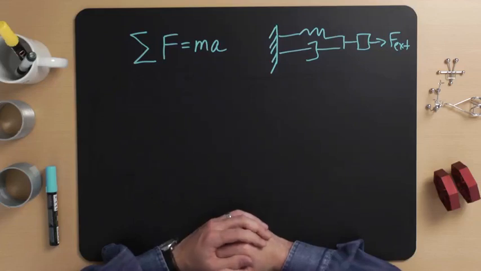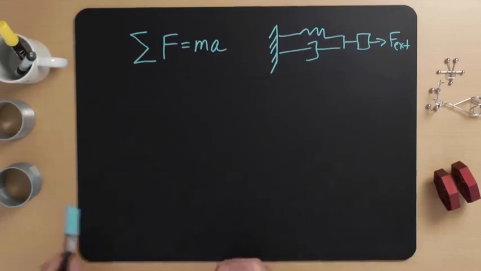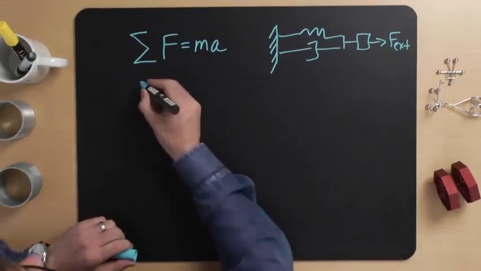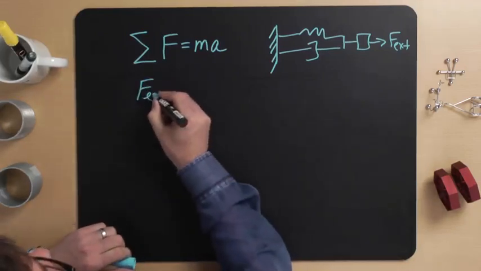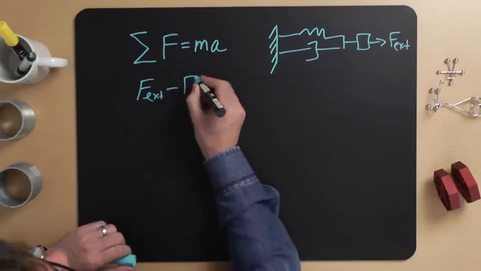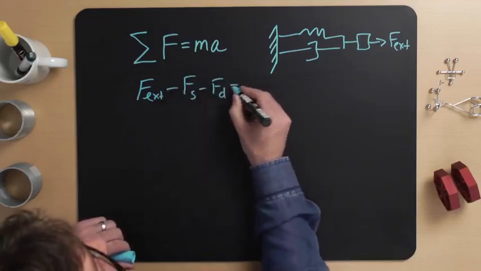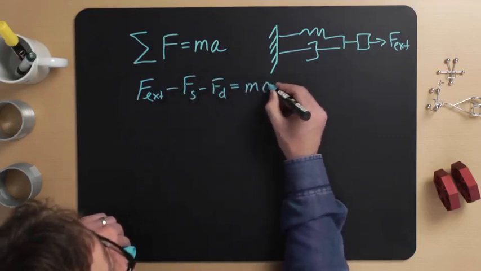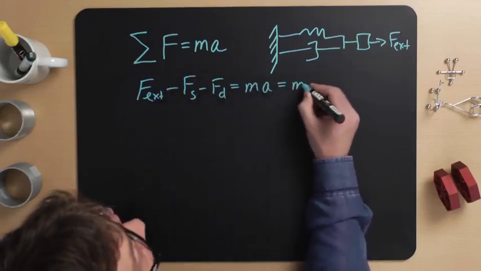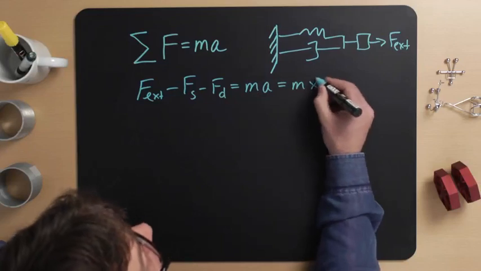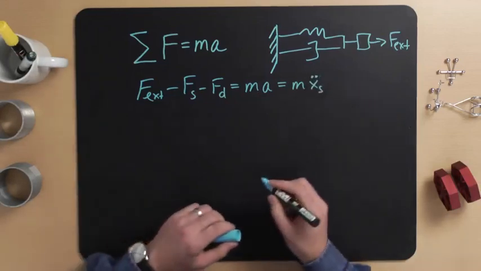Let's look at a model of a mass with a spring and a damper. The sum of the forces are equal to the mass times acceleration. So we get F external minus the spring force minus the damping force because of our sign conventions. And those are equal to mass times acceleration, which we know is equal to mass times the second time derivative of the position of the spring.